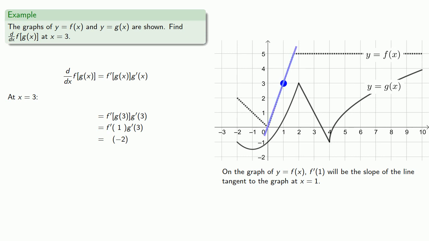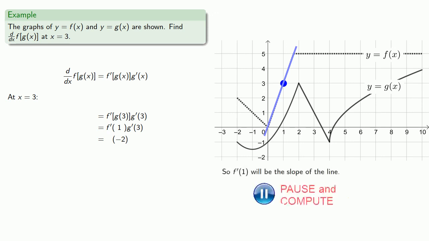Now, since the graph through x equals 1 is a straight line, the tangent line will be the line itself. And so f prime of 1 will be the slope of the line. And so f prime of 1 will be equal to 3. And so the derivative will be -6.